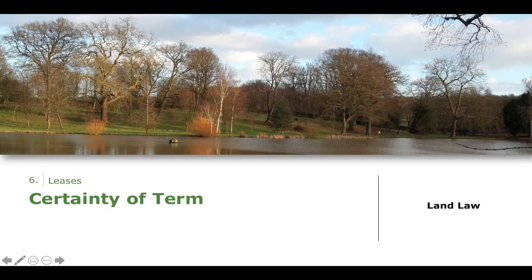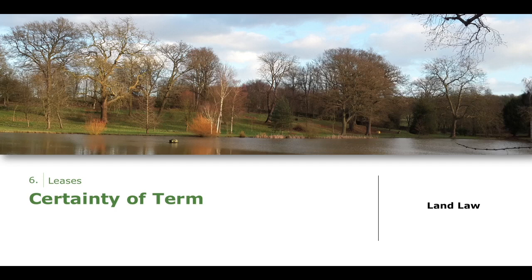So in the previous lesson, we spent a little bit of time talking about the various characteristics of the leasehold estate, as defined in the case of Street and Mountford. We noted that there were mainly 3 characteristics for the existence of a lease.